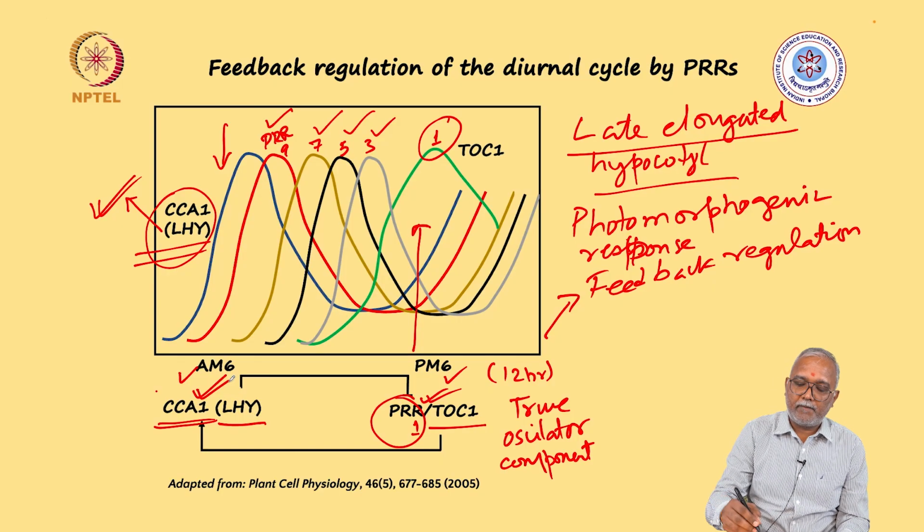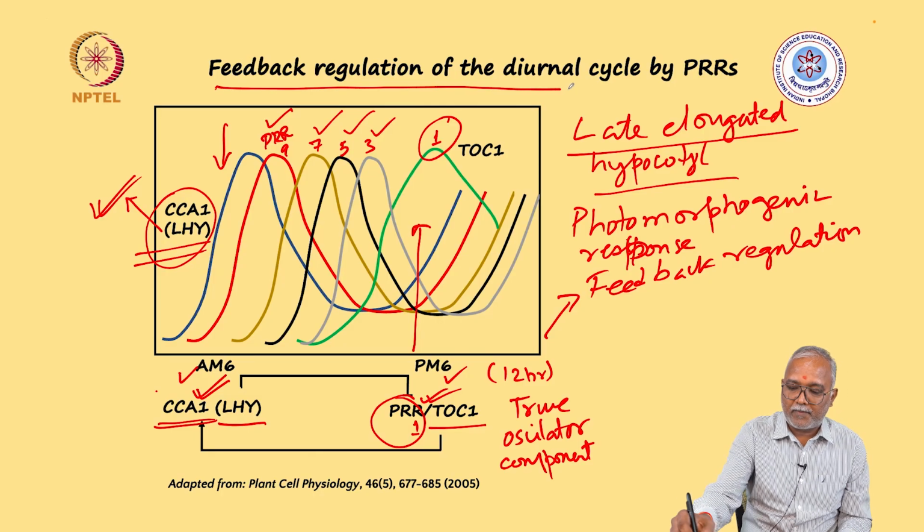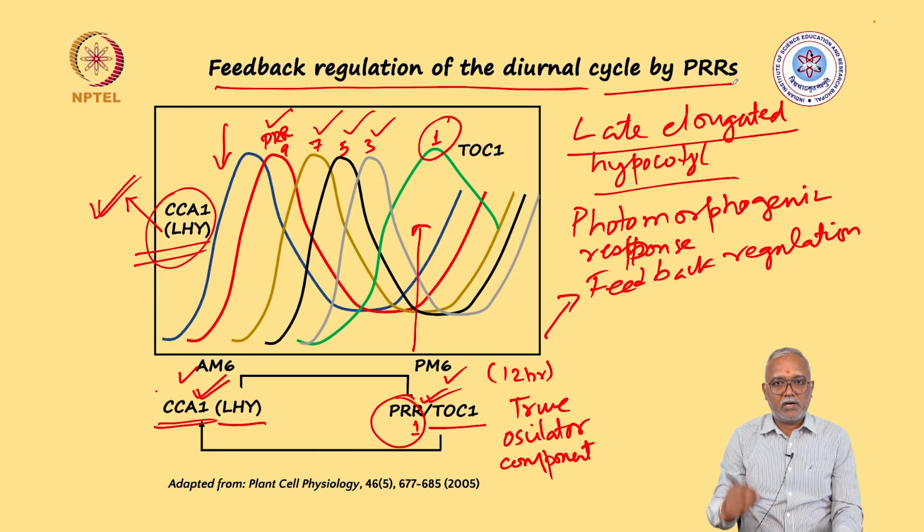That is what gives this diurnal cycle a particular form. What we still do not completely understand is what is mediated by the pseudo response regulator in terms of regulating the diurnal cycle.